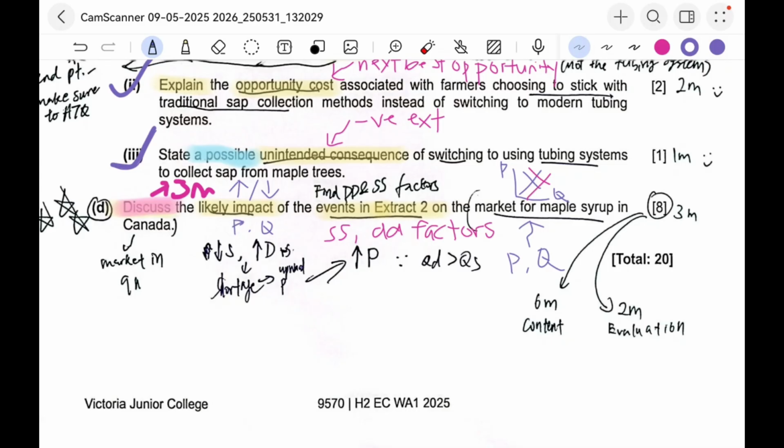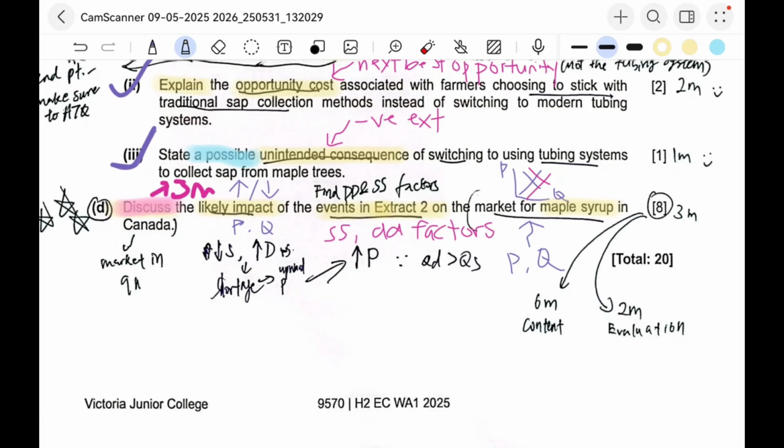So have that conclusion. To discuss the impact, you need to have a view. You cannot just say, oh, demand increase, supply increase, then stop. You need to conclude. That's the point of the graph. You need to conclude what is the before and after equilibrium. And at the same time, if there is any impact to price, then you use the price adjustment process. So in this case, we can take a look at what are the possible events.